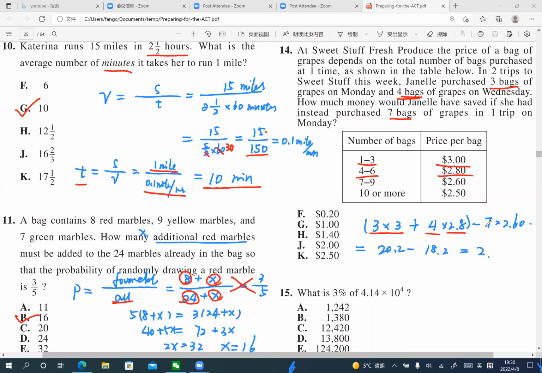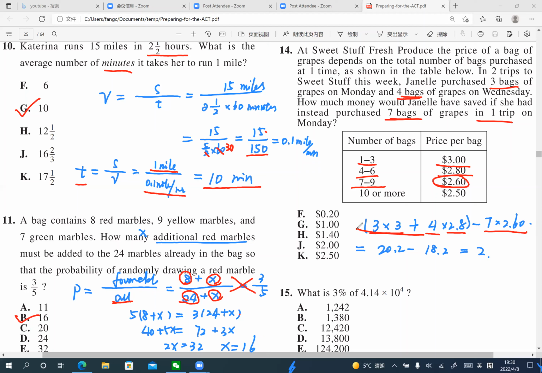Then minus buying 7 bags in one trip. Buying 7 bags in one trip is, from the table, $2.6 each. So 7 times 2.6. Then we just need to find the difference of them.